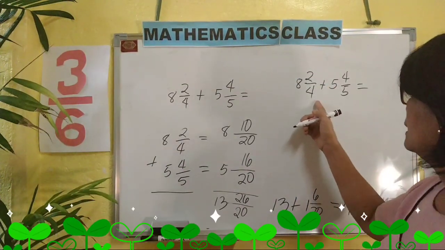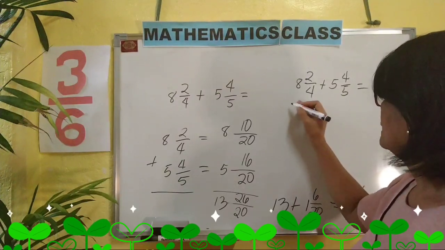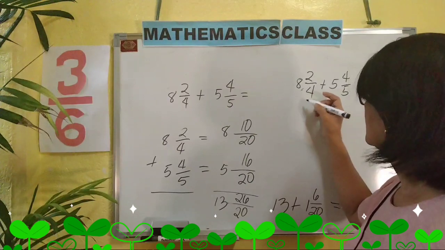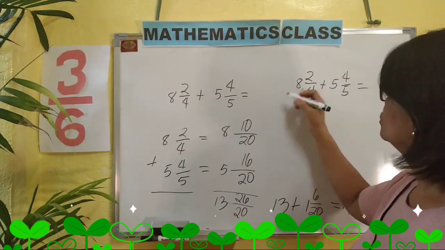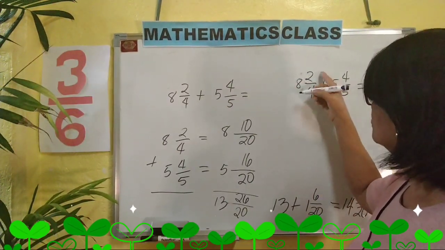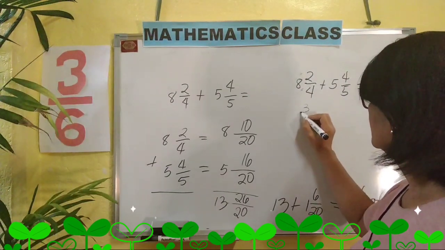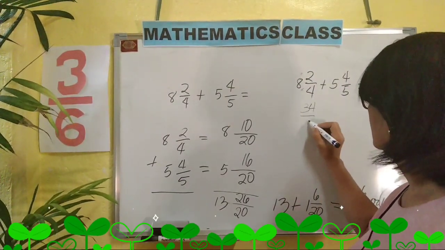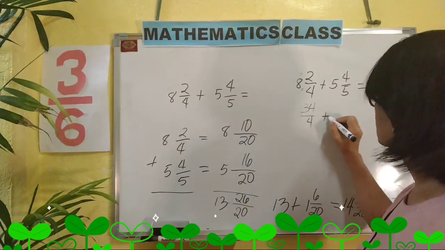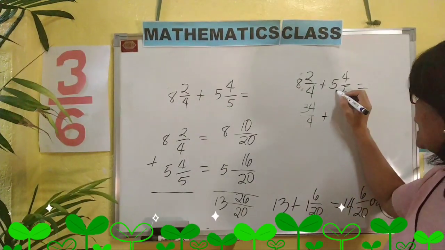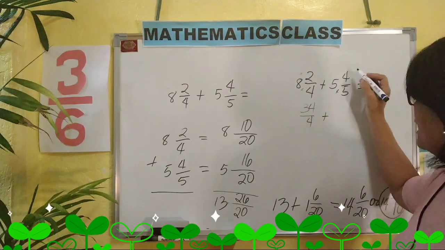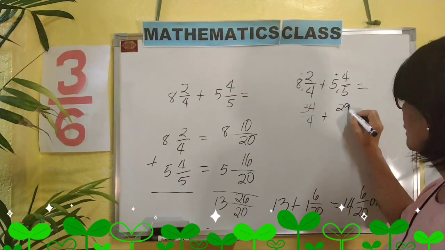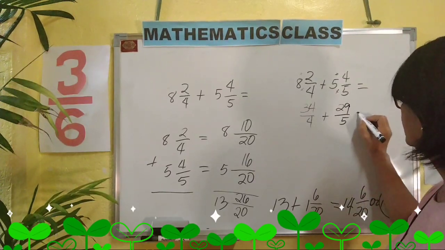So, 4 times 8 equals 32 plus 2 equals 34 over 4, plus 5 times 5 equals 25 plus 4 equals 29 over 5.